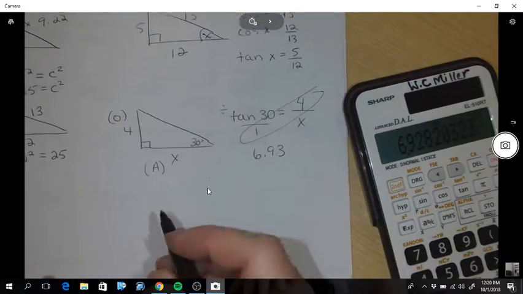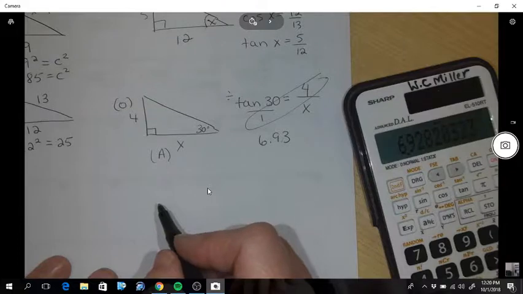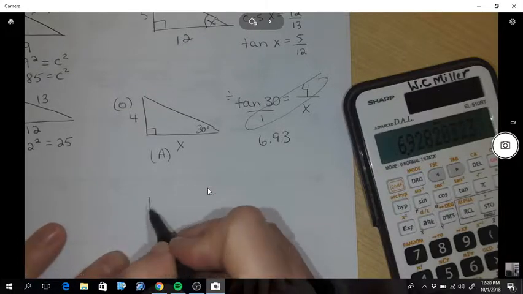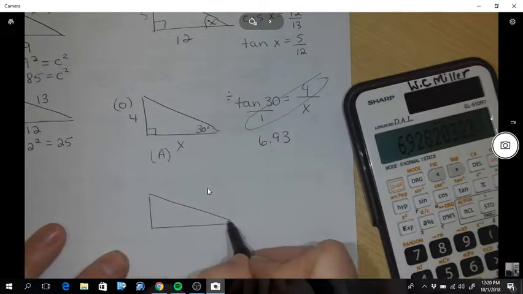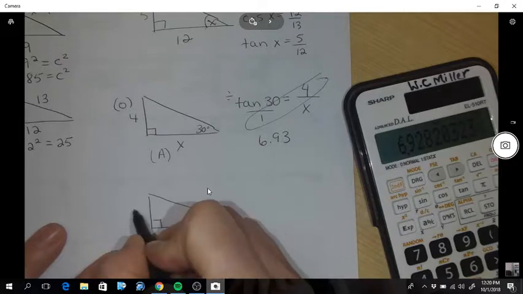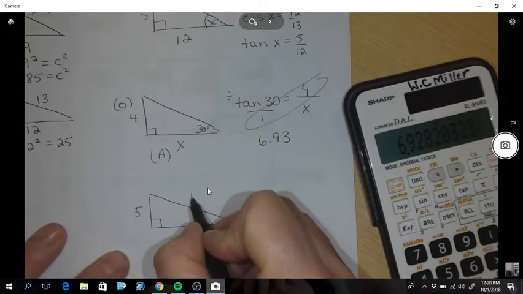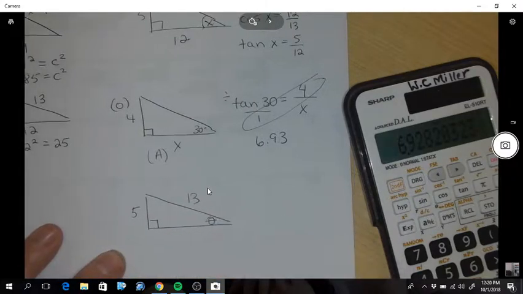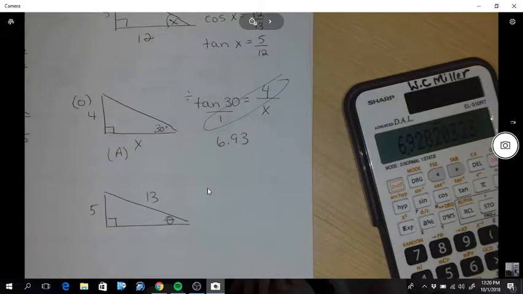Okay, what if you were to find an angle? So what if I go like this, and I want to find that angle. You look at the angle and you say, is it SOH, CAH, or TOA?